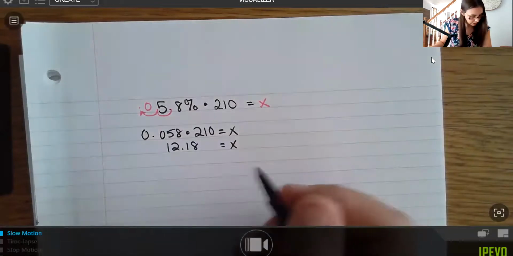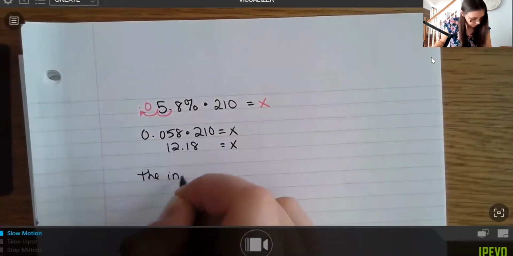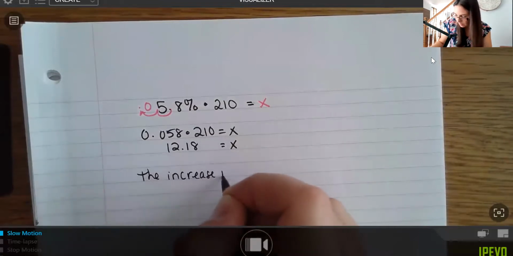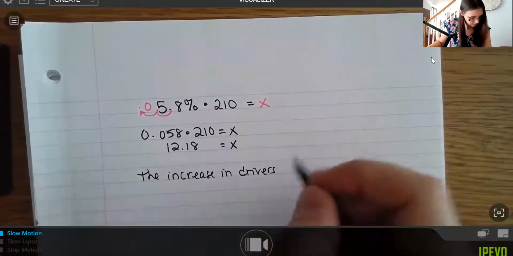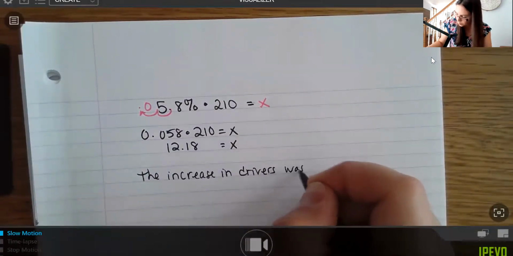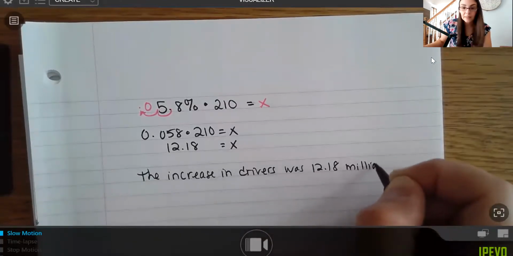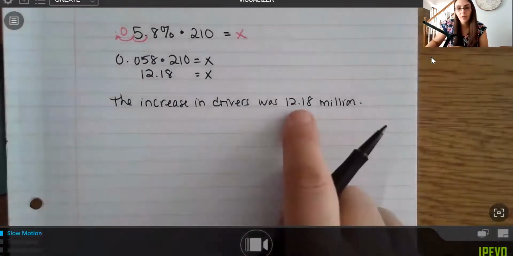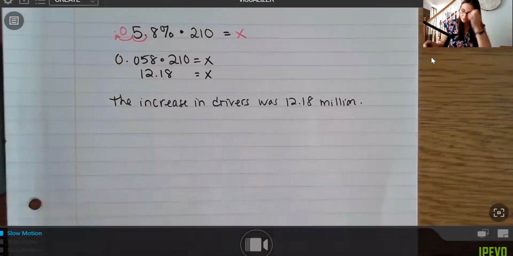So my answer is that the increase in licensed drivers was 12.18 million, right? Just remember, I'm in millions here, not just 12 people. If you wanted to see this number written out, you would just multiply it by 1 million. So that's how you can change over.